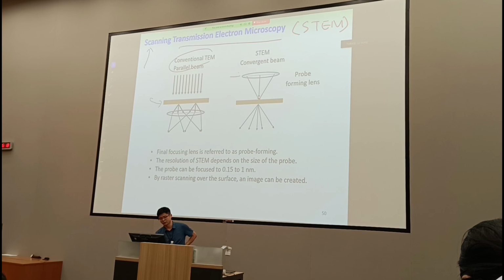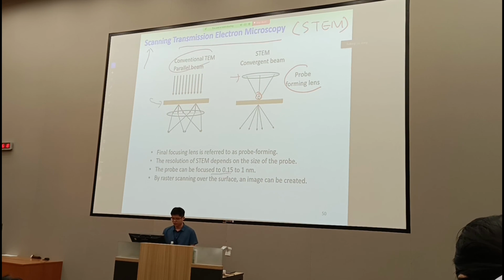You have this additional focus lens. You create very small electron probe beams. Okay? You confine them into very tiny spots. The probe can be focused to 0.15 to 5 nanometers.